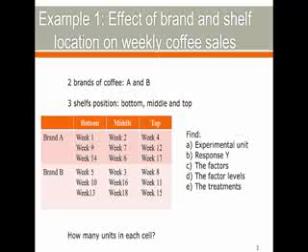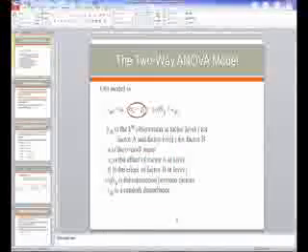What are the treatments? The treatments will be the combination of a brand of coffee and the position. So basically there are 2 times 3, 6 treatments. And for each cell we have 3 weeks of observation.